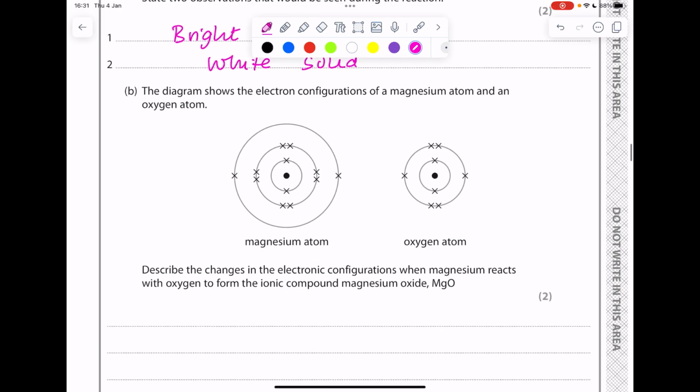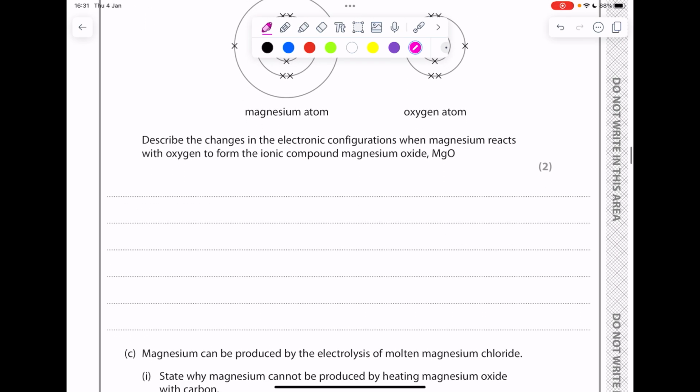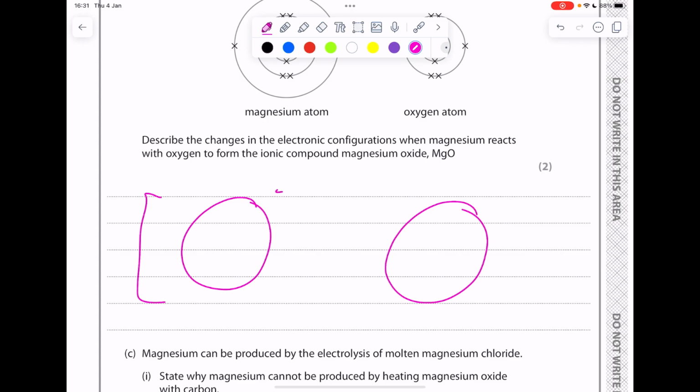The diagram shows the electronic configurations of a magnesium atom and an oxygen atom. Describe the changes in the electronic configuration when magnesium reacts with oxygen to form MgO. It's up to you if you want to write it or just draw an ionic bonding diagram. I'm going to draw. Let's label. So we've got magnesium, we've got oxygen.